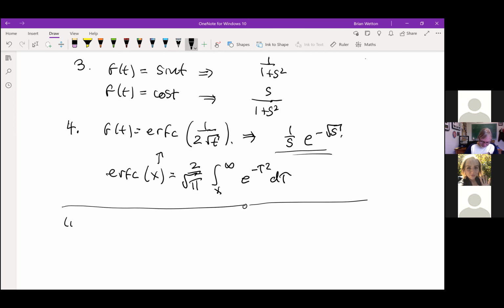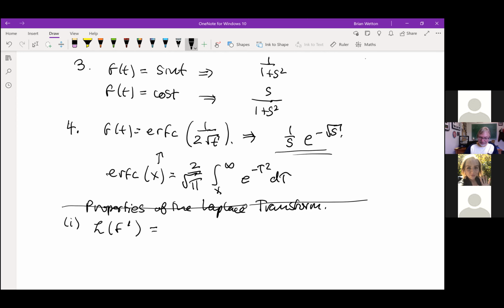So let's look at some properties. Oh, how's my time? I got 10 minutes of the Laplace transform. Okay, here is where they're useful for solving differential equations.